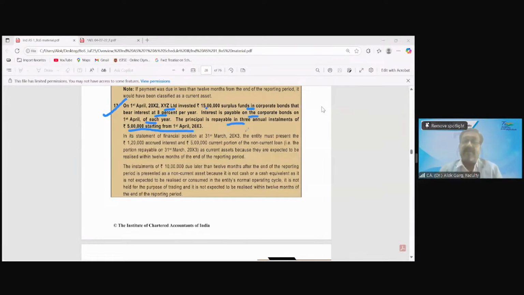Friends, the company has invested 15 lakh rupees in the corporate bond. This is an investment. 8% is the rate of interest. Interest is payable, so the company will receive interest on the corporate bonds on the 1st April of every year. And the principal is repayable in 3 annual installments of rupees 5 lakh starting from 1st April 2003.